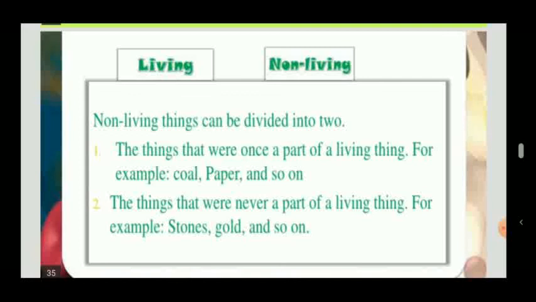The things that were never a part of a living thing, for example stones, gold, silver, and many other things. So, here is our lesson on living and non-living things.